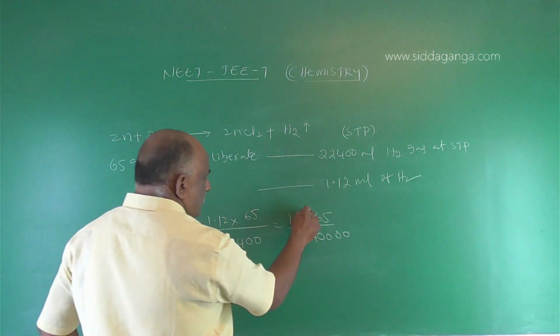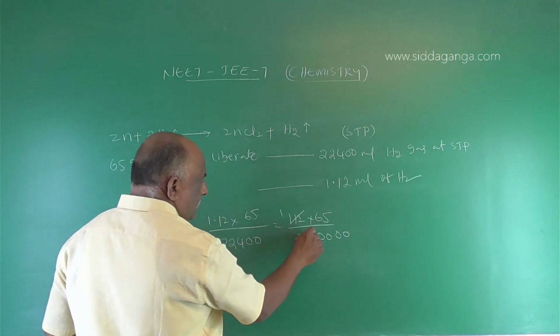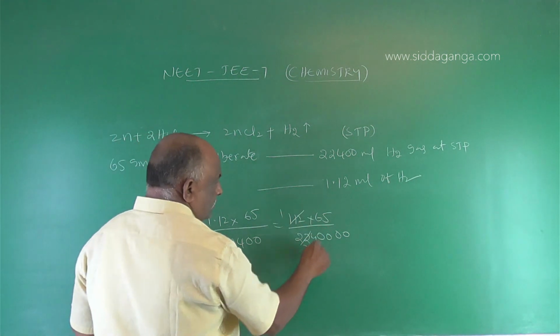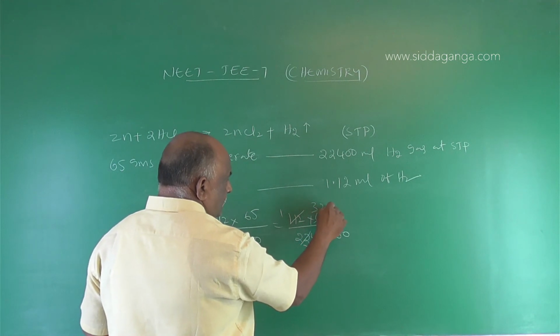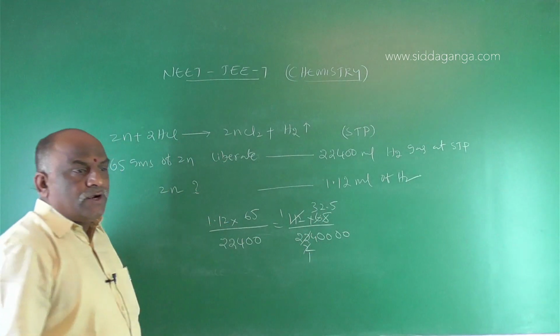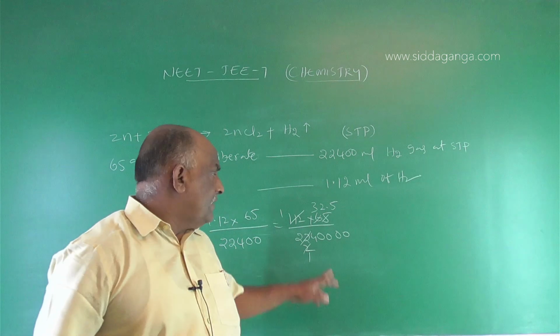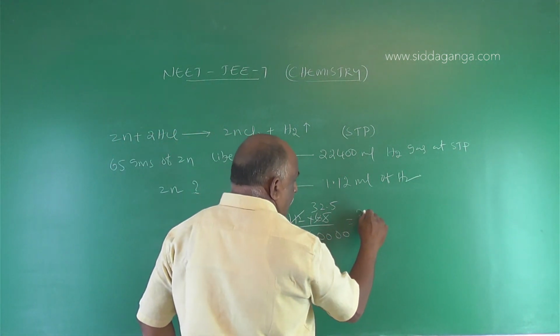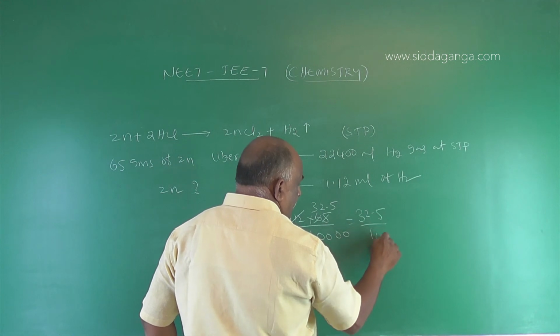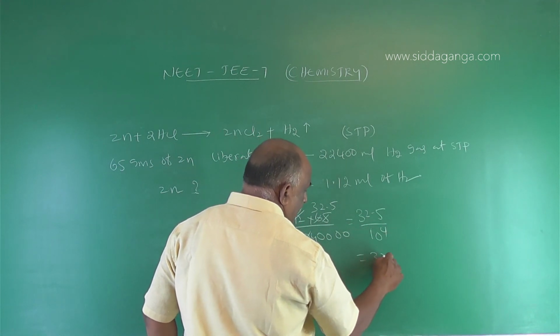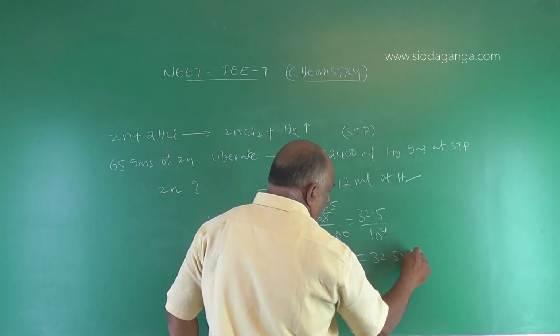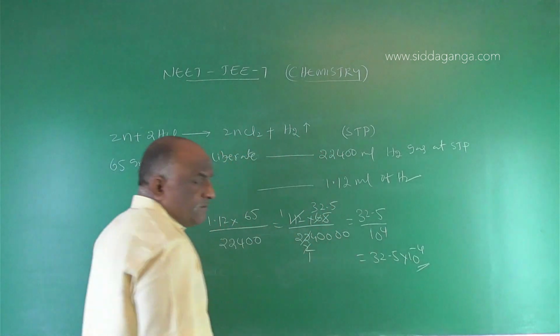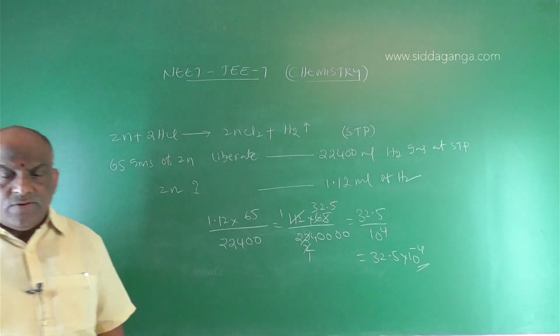Now simplify: 1 1 is 1, 1 2 is 2, 3 6s are 18... this gives 32.5 divided by 10,000. This can be written as 32.5 divided by 10 power 4. The answer is 32.5 into 10 power minus 4.